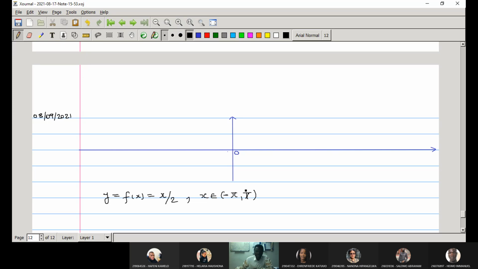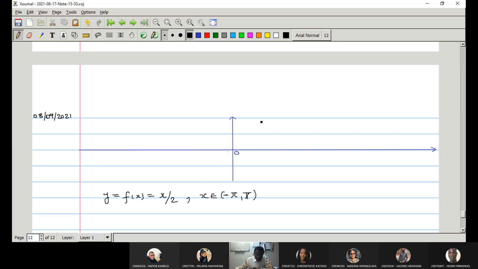Okay, so that is the function. Meaning that at pi and negative pi, it will be pi by 2, negative pi by 2. So that's the value of the function. We'll assume that from here to there is exactly pi by 2, this height.